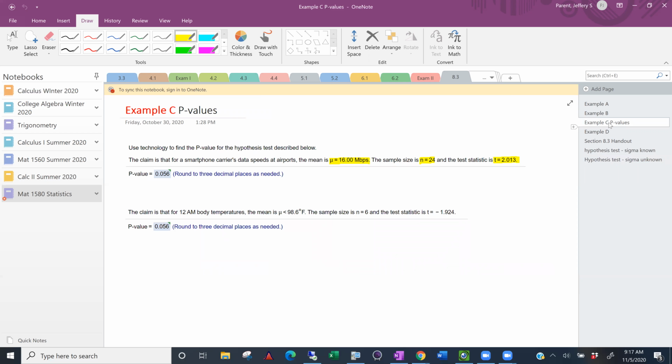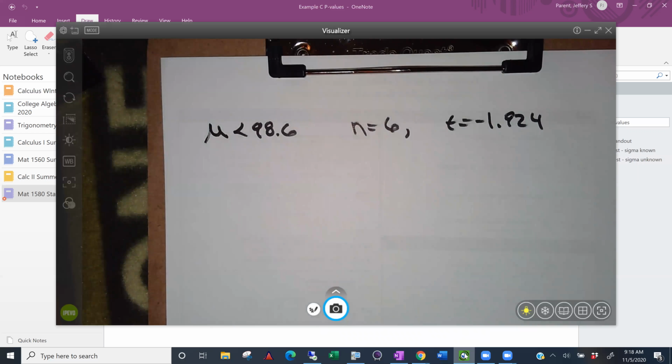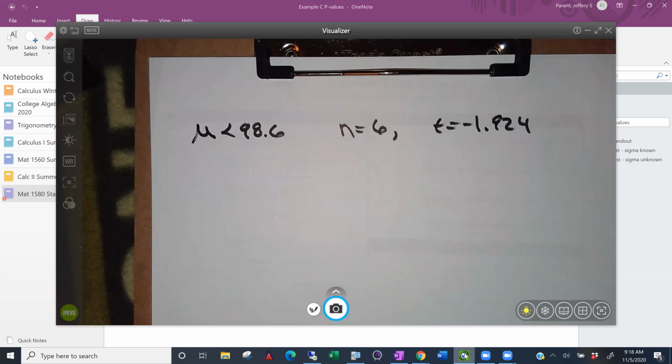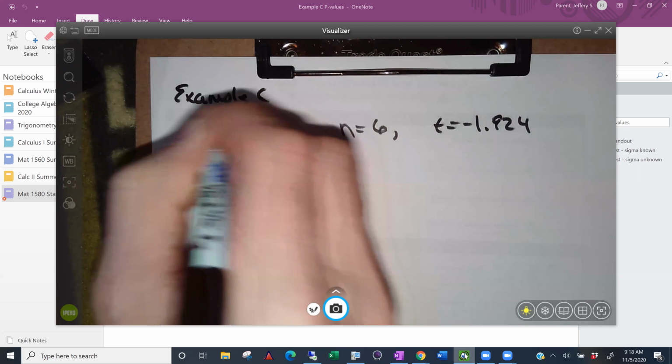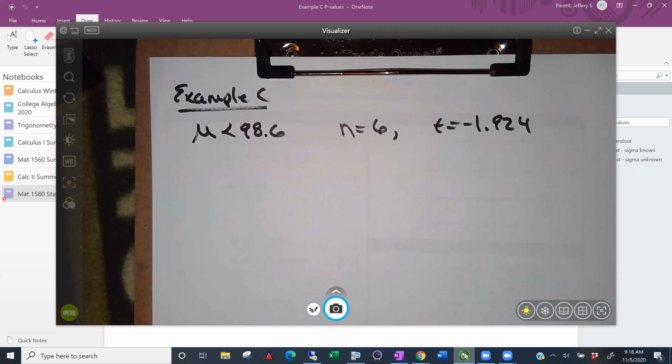So I've got the claim that the mean is less than 98.6, n equals 6, and t equals negative 1.924. So those are the things that I want to write down. This is still example C on your handout.